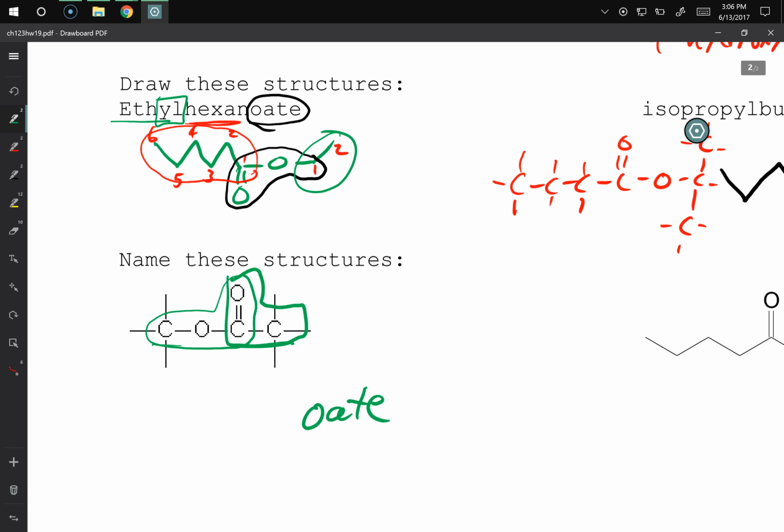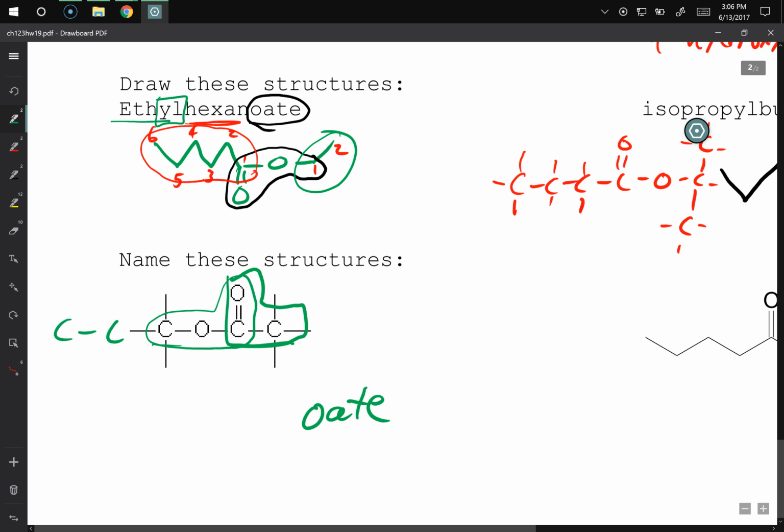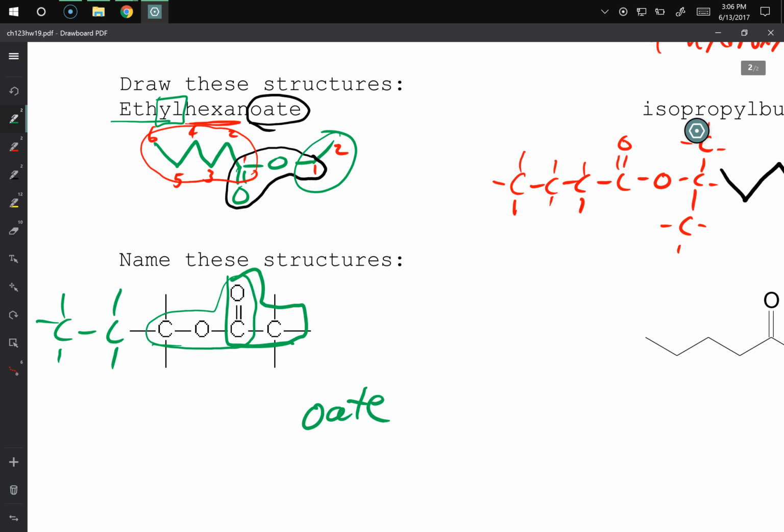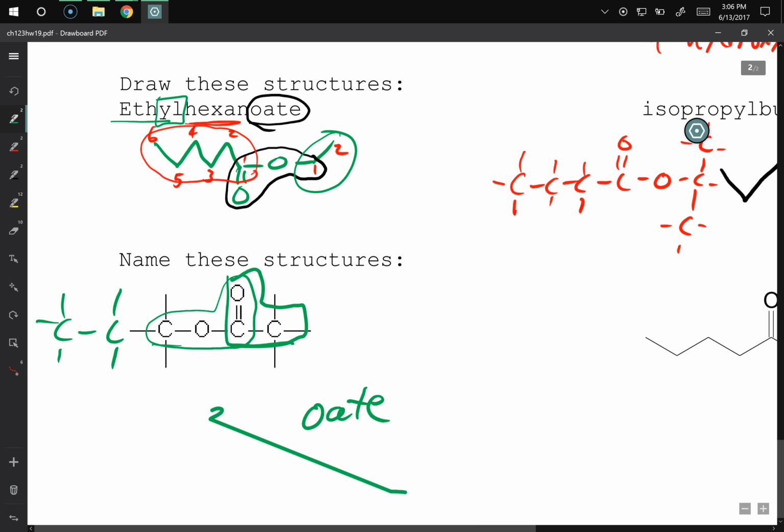So it's 2. So even if this was, let's say, 3, I'm still going to name it ethanoate, because the ester part is with the doubly bonded oxygen.